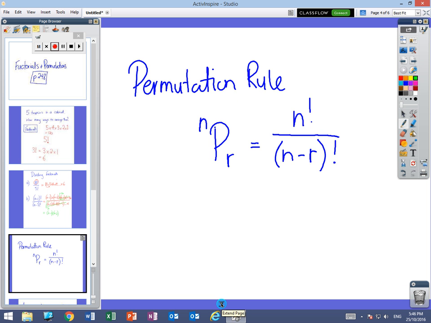Now, the example is this. Let's say we've got a netball club of which 7 people volunteered for the committee.